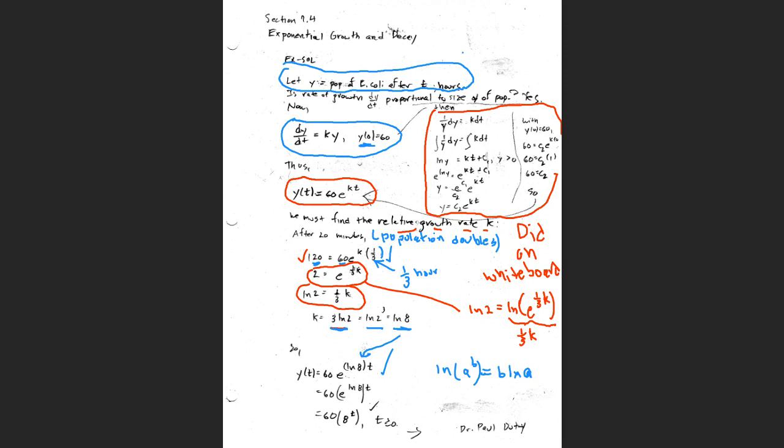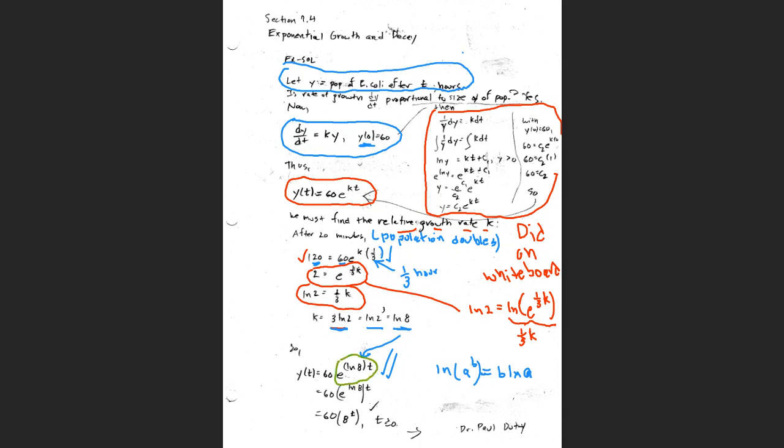Okay, so here we have an answer, but we can make the answer look a little bit nicer, right? What we have here, and maybe I'll circle this in green, is e to the power log of 8 times t.